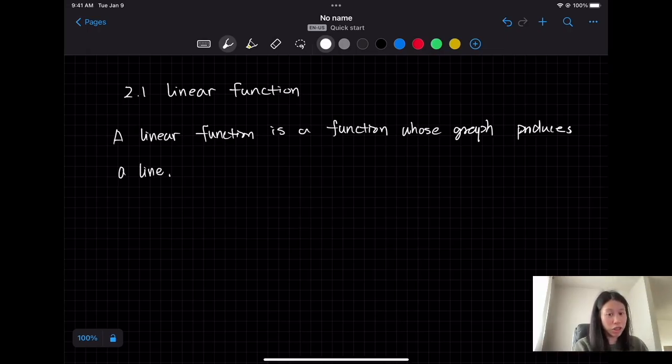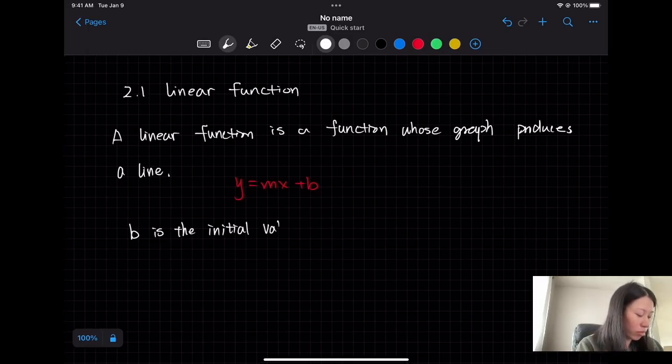A linear function can be written in the form y equals mx plus b, where b is the initial or starting value of the function.